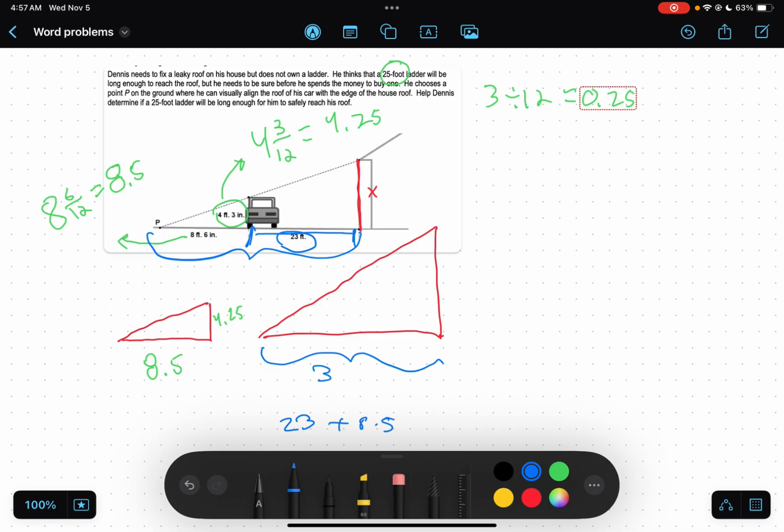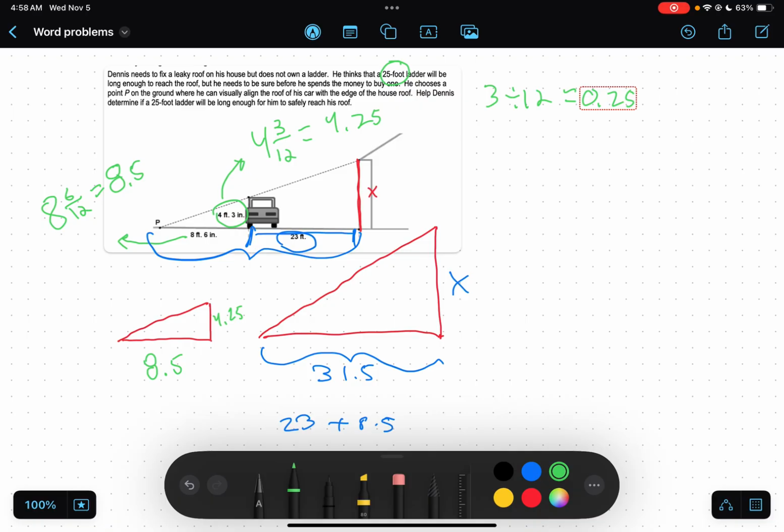So what is that? 31.5. Okay, great. And then here's my x. So we had to do a lot of stuff just to make our diagram kind of usable to us. But now pause the video at this point and make sure you can solve for x using equivalent ratios.